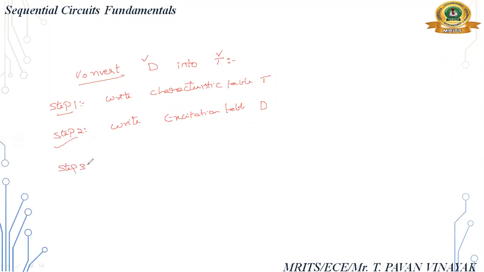Third step, with respect to the characteristic table of T: in the characteristic table of T we have T, Q(t), Q(t+1), right? In the excitation table, we have Q(t), Q(t+1) and D, right?